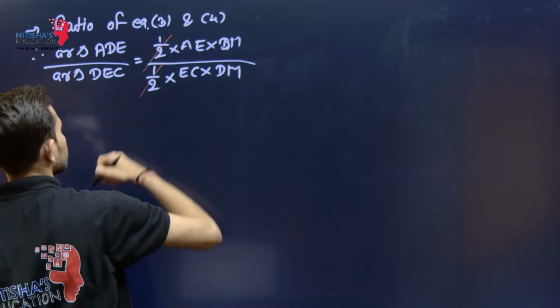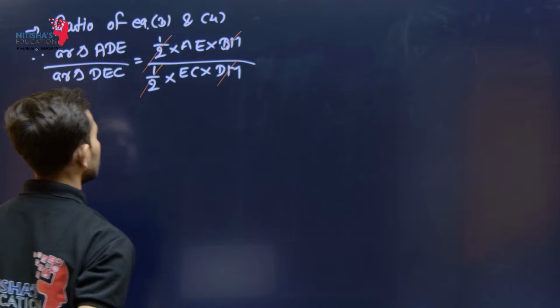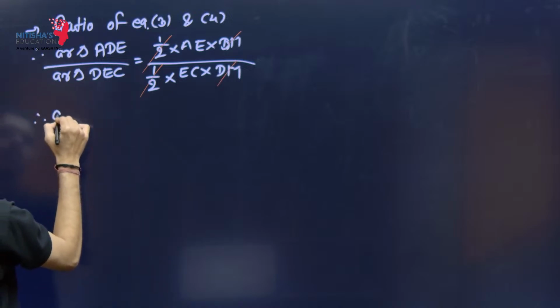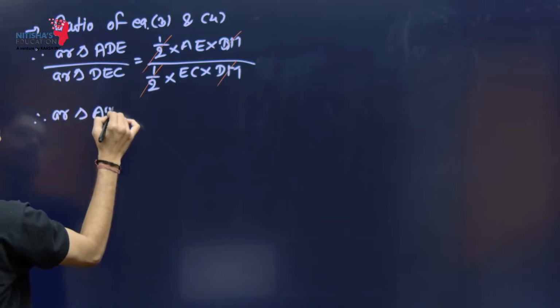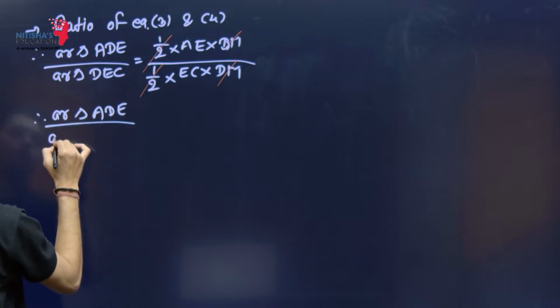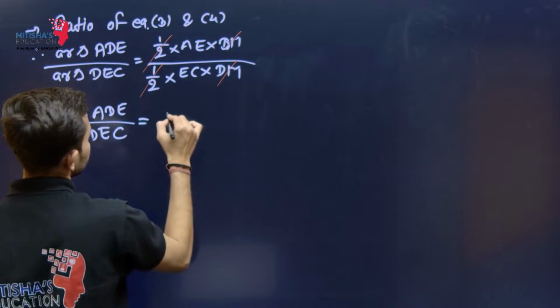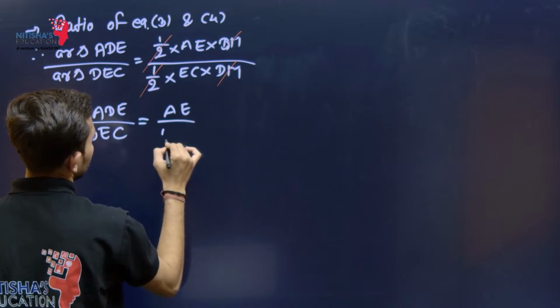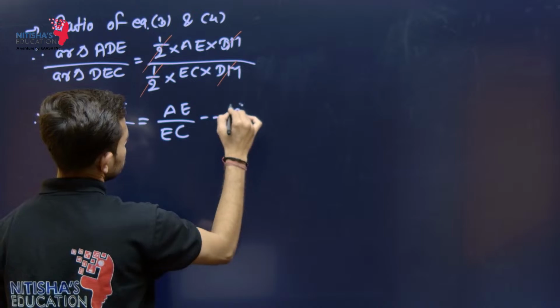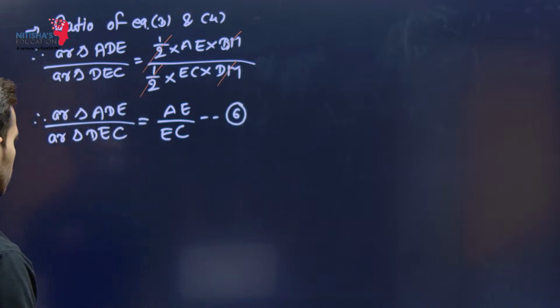Here 1 upon 2 will be cancelled, DM will be cancelled. Therefore area of triangle ADE upon area of triangle DEC is equal to AE upon EC. This is our equation number 6, right?